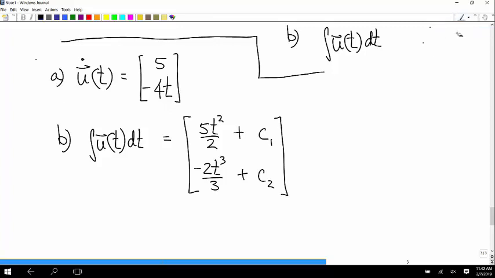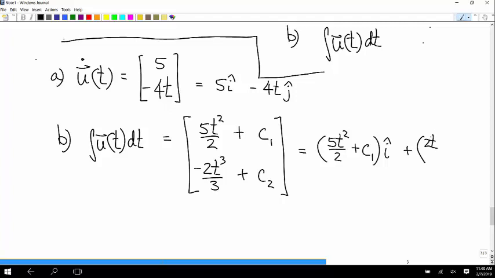And using that other notation that I mentioned, you could write part A as 5i minus 4tj. And the integral you could write as the quantity 5t squared over 2 plus c1 times i plus the quantity negative 2t cubed over 3 plus c2 times j.